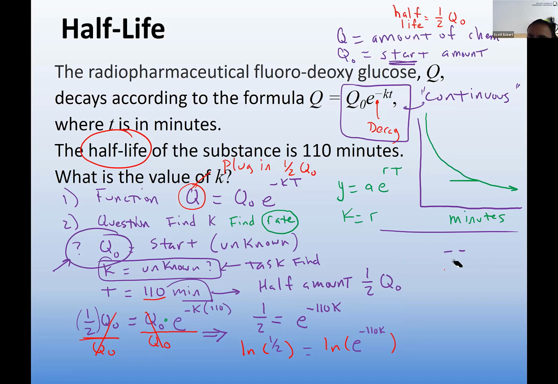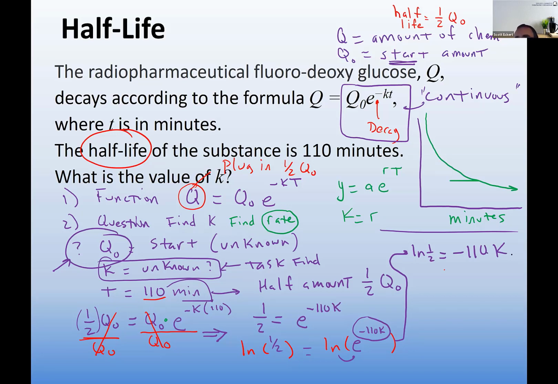I'm going to start that over. ln of 1/2 equals, and I'm going to take the exponent out, use the exponent law, I'm sorry, the log law. Natural log of e is 1. These two are inverses, so they're going to undo each other anyway, so it's negative 110k.